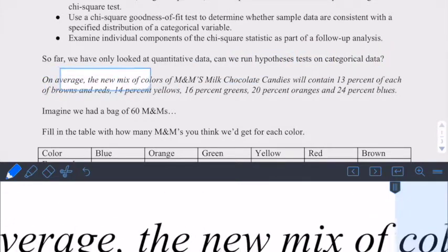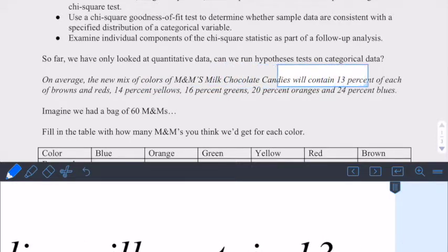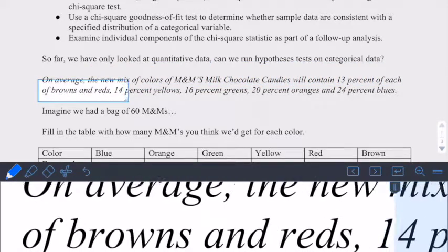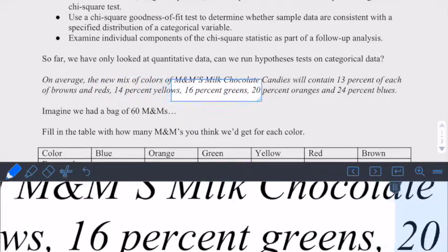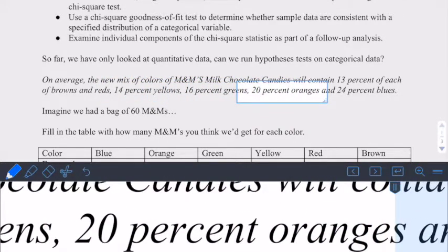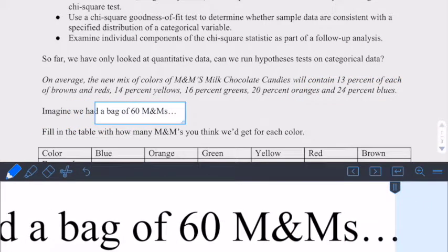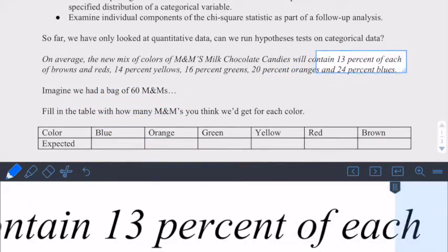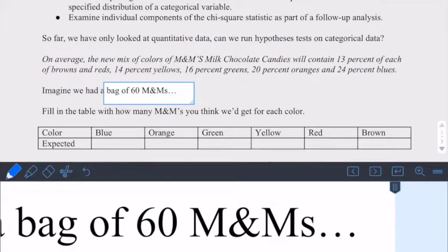Well, on average, the new mix of colors of M&M's milk chocolate candies will contain 13% of browns and reds, 14% yellows, 16% greens, 20% oranges, and 24% blues. Imagine we had a bag of 60 M&Ms. If 13% are going to be brown and red, we just need 13% of 60.